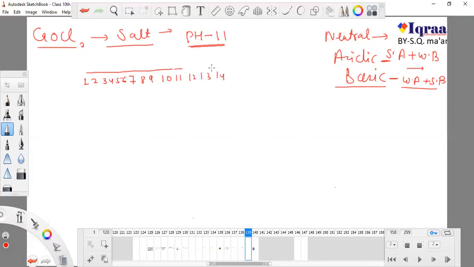It can go more, but here we only learn the scale 1 to 14. Anything above 7 is basic, and anything below 7 is acidic. So its pH is 11, so definitely this bleaching powder or calcium oxychloride is a basic salt. Definitely it is a salt, but it is basic in nature.